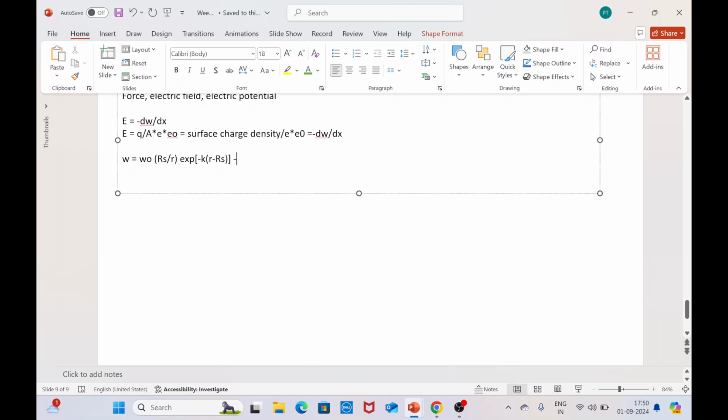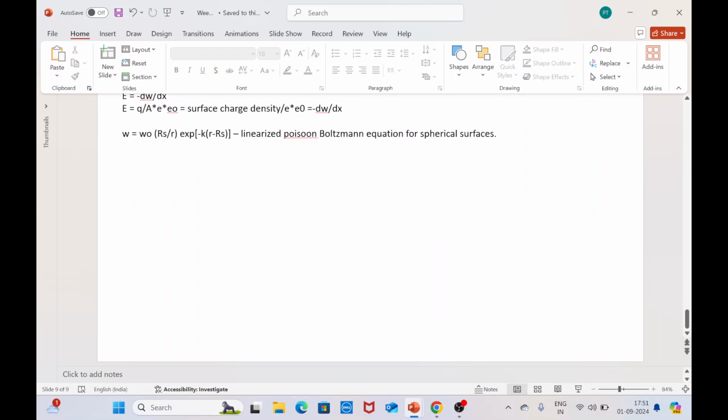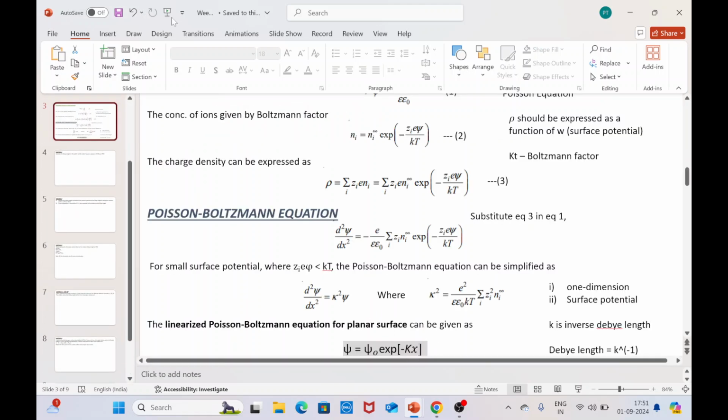So this is the linearized Poisson-Boltzmann equation for spherical surfaces, and the equation that you saw earlier is for planar surfaces.